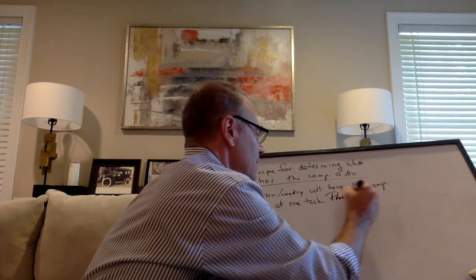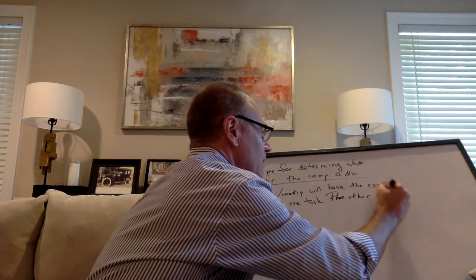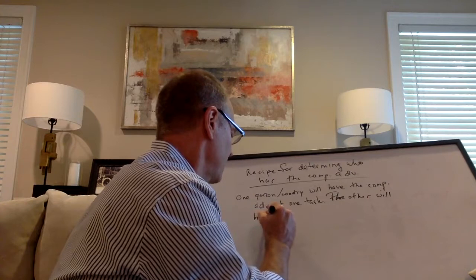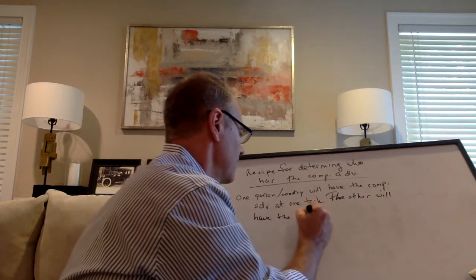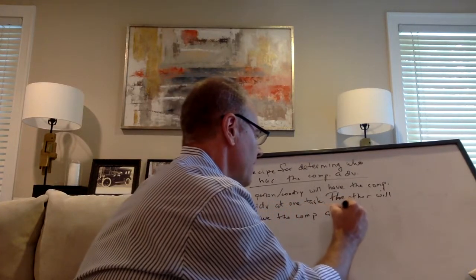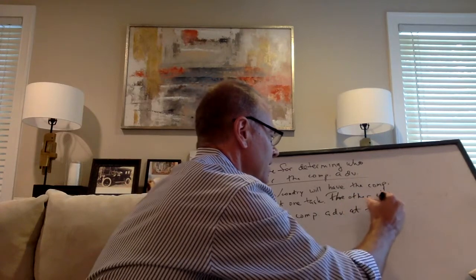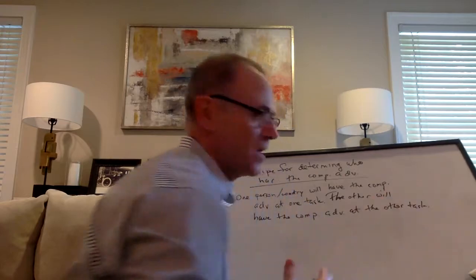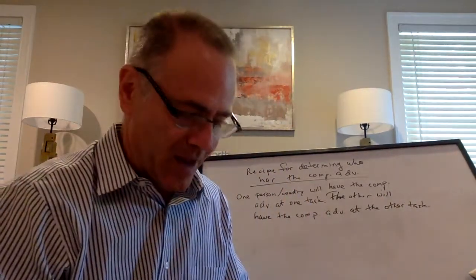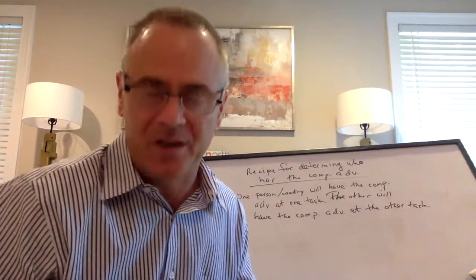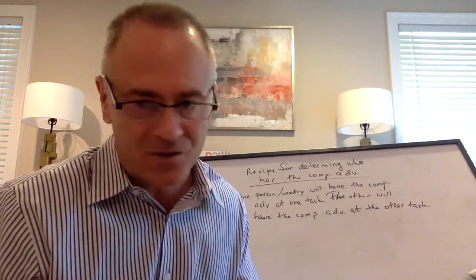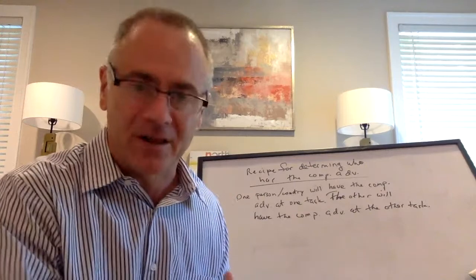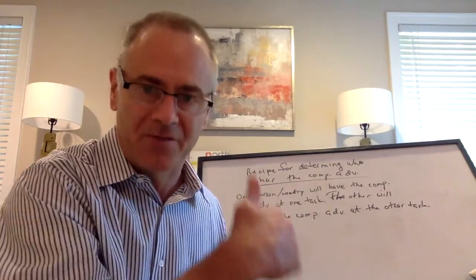The other person or country will have the comparative advantage at the other task. So if you can determine that, say, Victoria has the comparative advantage at dishes, then you know necessarily Tim has the comparative advantage at the other task, cooking.